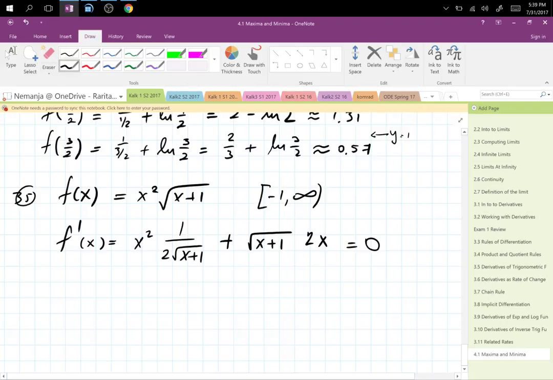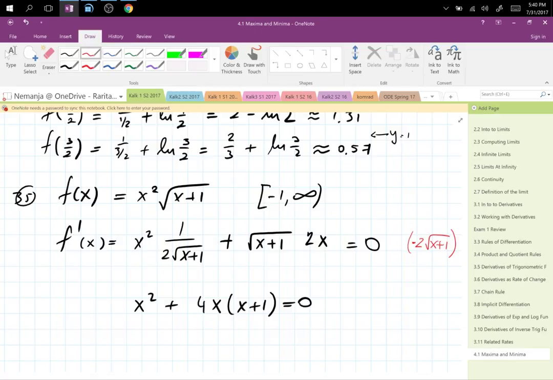The beautiful thing is that you can multiply both sides of this equation by 2 root x plus 1. When you multiply that, it cancels the denominator, and you just get x squared, plus 2 times 2 is 4, x, and then x plus 1 in parentheses, equals 0. So this distributes everywhere.